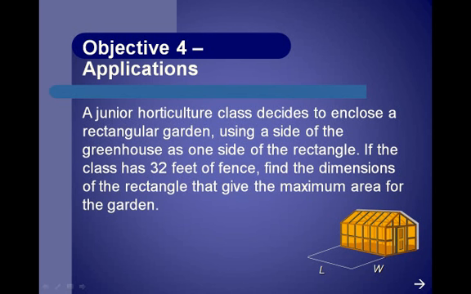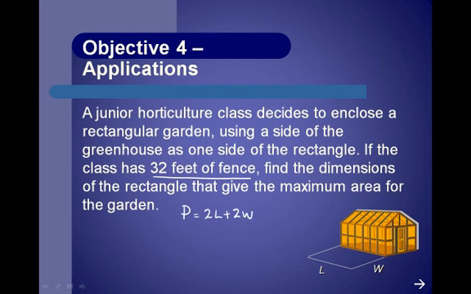Objective 4, Applications. A junior horticulture class decides to enclose a rectangular garden using a side of the greenhouse as one side of the rectangle. If the class has 32 feet of fence, find the dimensions of the rectangle that will give the maximum area for the garden. Well, remember, if we only have 32 feet of fencing, that is perimeter. And normally perimeter is 2L plus 2W.